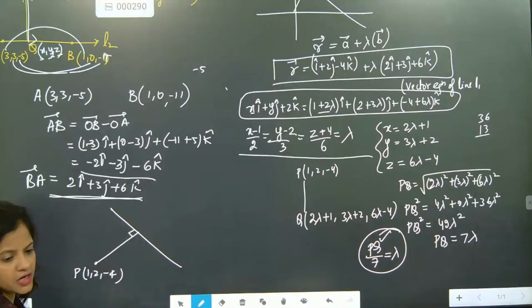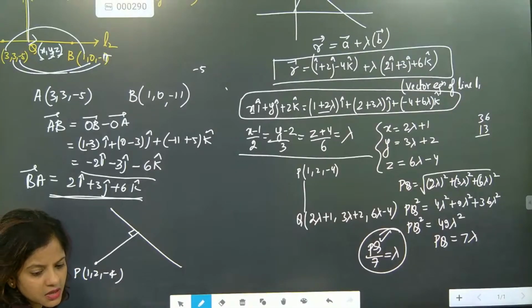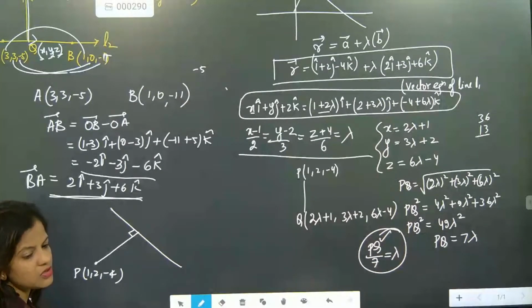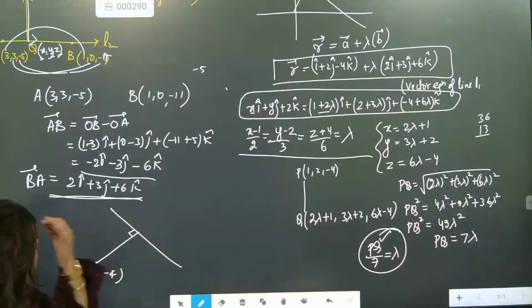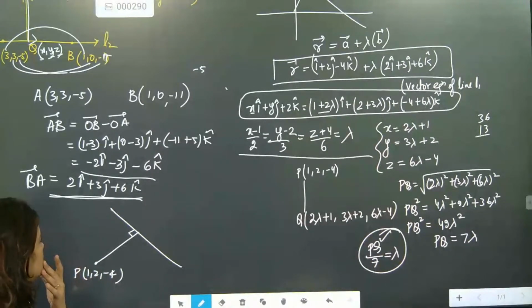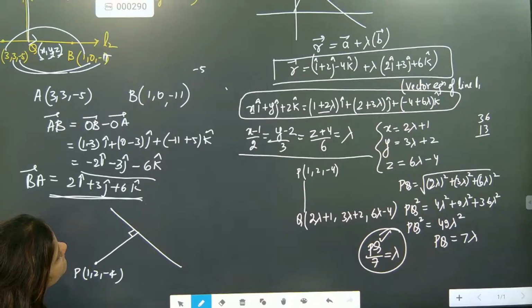Use this method and get lambda coming as 89 by 7 minus... No, that is not correct. Check one time. I got only PQ, I was missing it here.